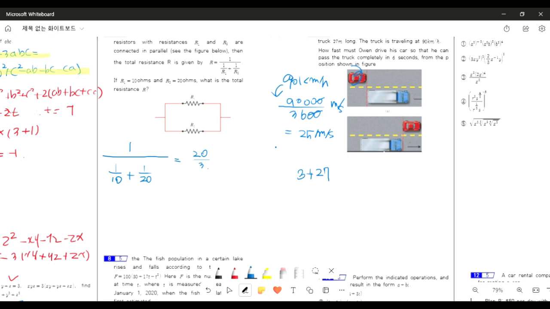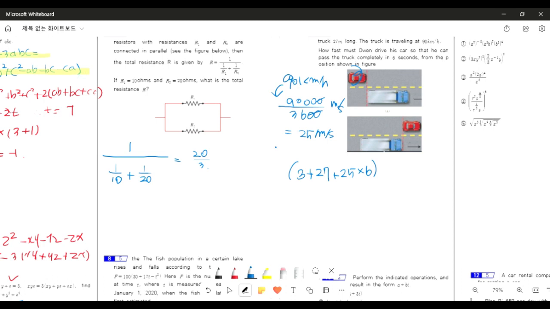So 25 meters per second is the velocity, and velocity times time equals distance. So 25 times 6 is the distance that the car passes during the 6 seconds.